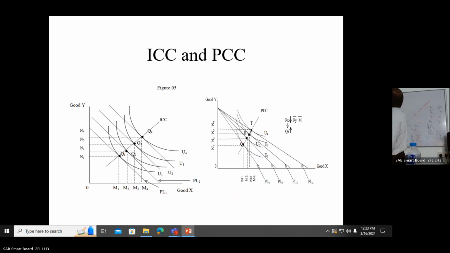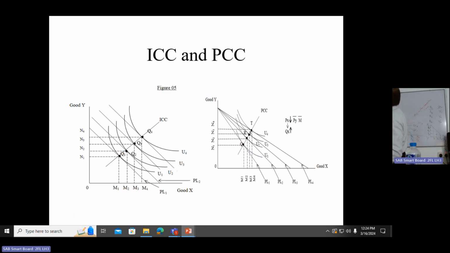Okay. Now the slope of this curve is very important when we explain this. With an income change, if the ICC is upward sloping, it is a normal good. We can classify the goods with respect to income change.